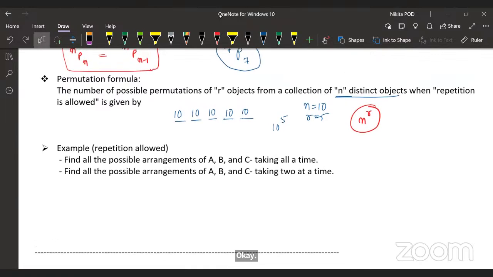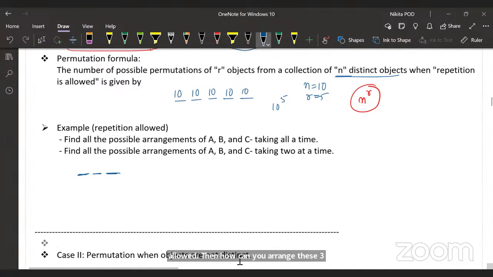Okay, let's see this question. It's the same one as ABC. In the previous case we said the repetitions are not allowed. But now if I have to arrange 3 places, and repetitions are also allowed, how can you arrange these 3 objects? 3 raised to the power 3, ma'am.